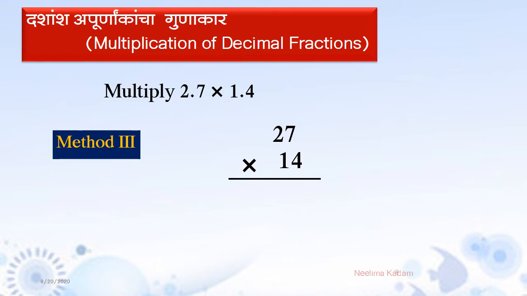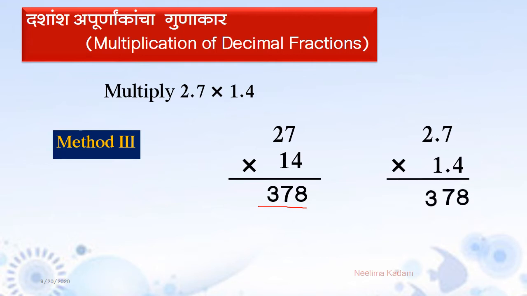14 sevens are 98. Carry 9. 14 twos are 28 plus 9, that is 378. So this is the answer. Now with decimal point we will try. Answer will be same, that is 378. Now in both these numbers there is a decimal point.